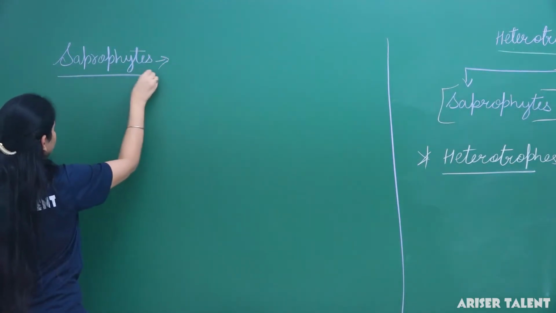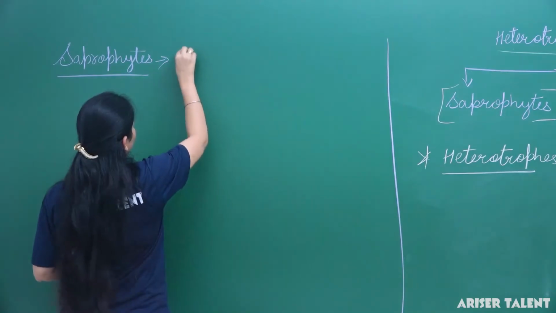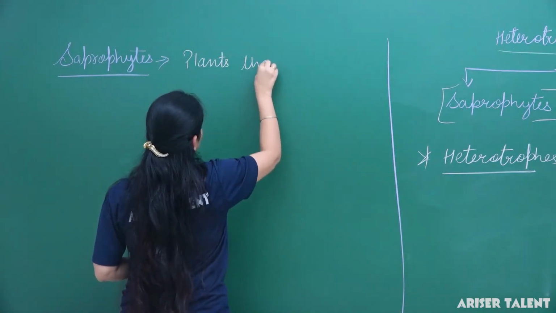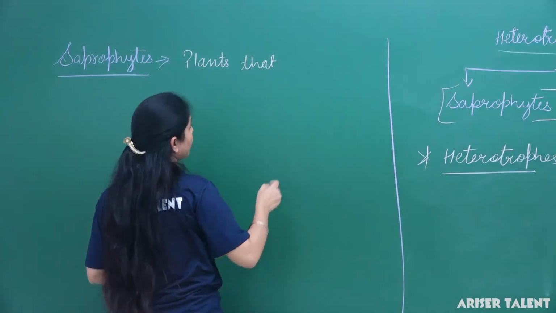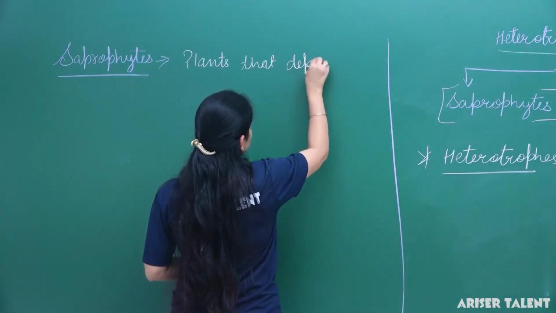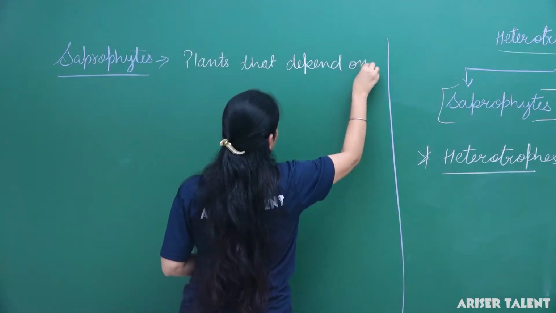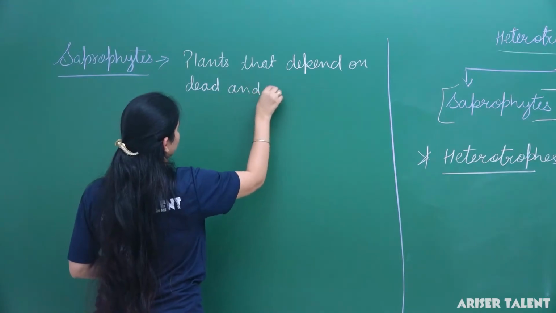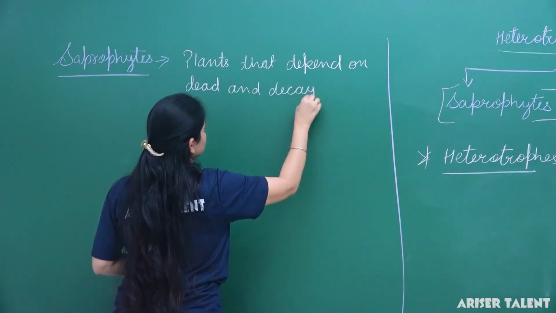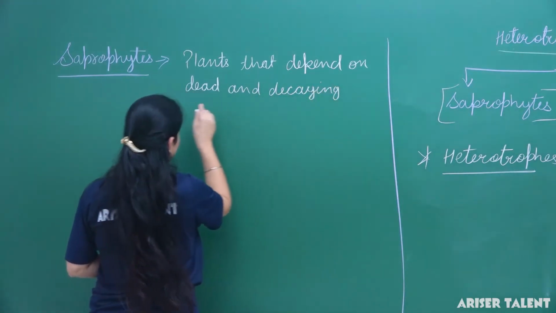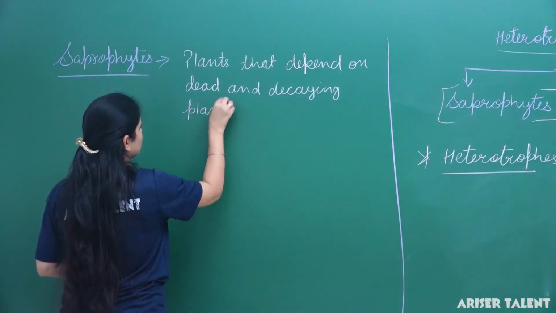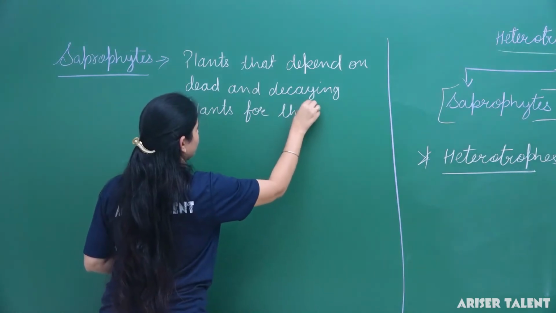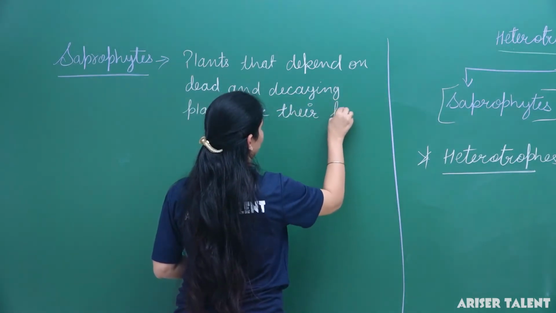What are saprophytes? Plants that depend on dead and decaying plants for their nutrition or food.